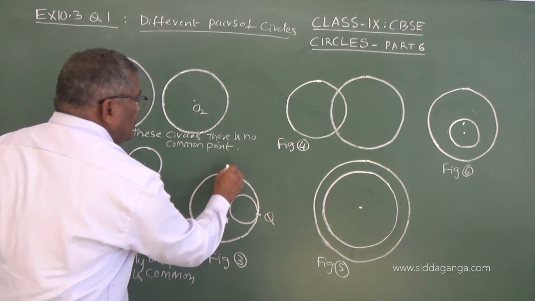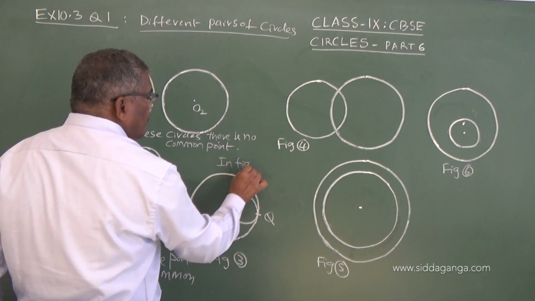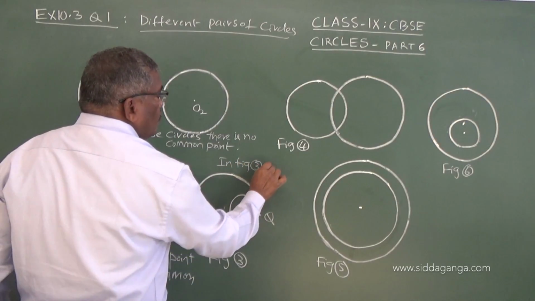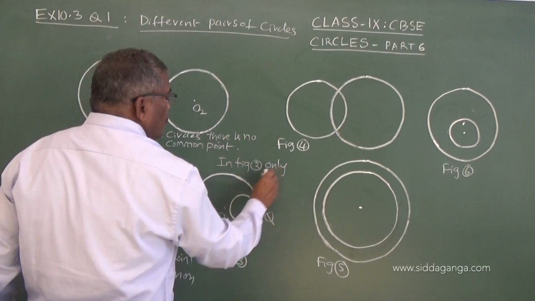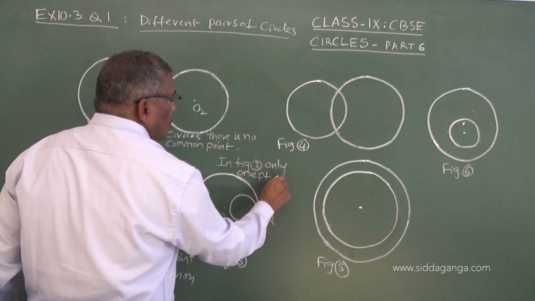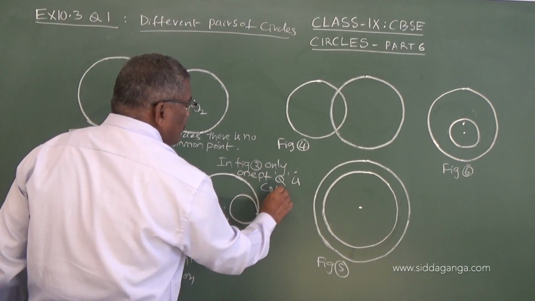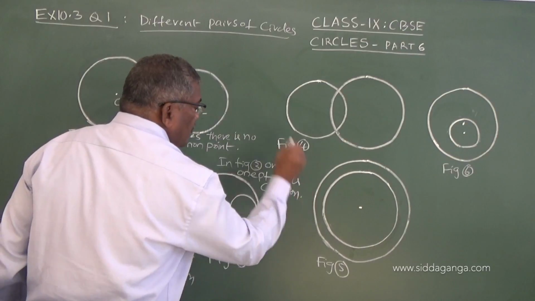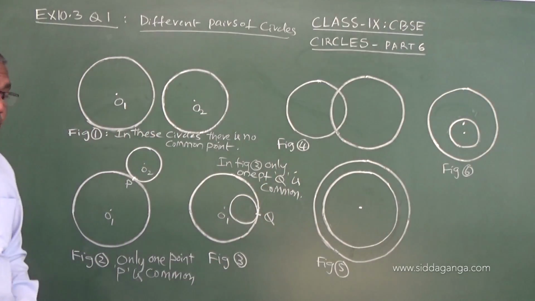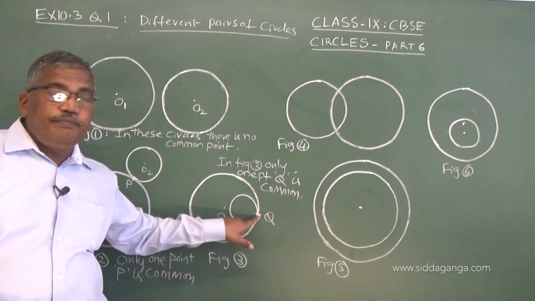I will write: in figure 3 only one point Q is common in both the circles, and both are touching at point Q.